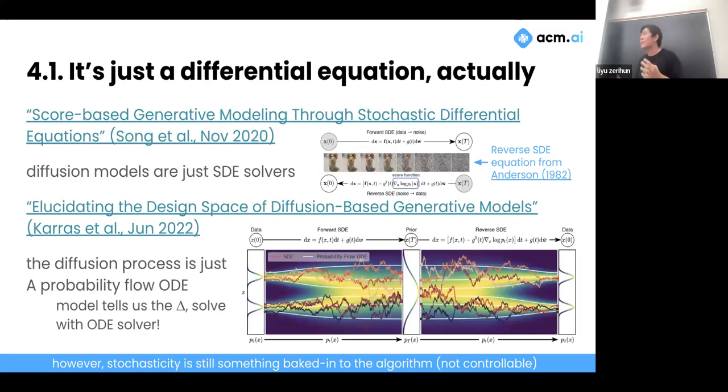So one of the ways that people have figured out to formulate all of this is it's just a differential equation, actually. What the model is really doing is mapping from a normal distribution to an image distribution. And the process of iteratively calling the model and denoising is just us going, all right, we start from a normal distribution somewhere here.